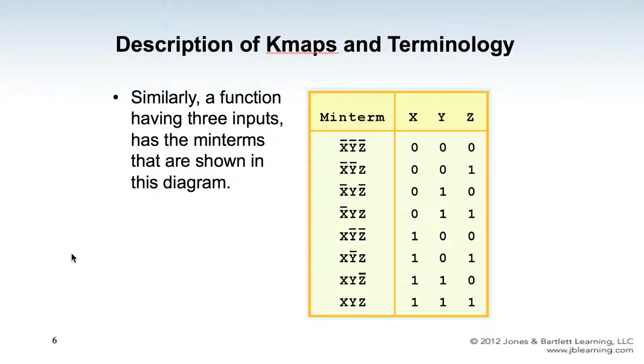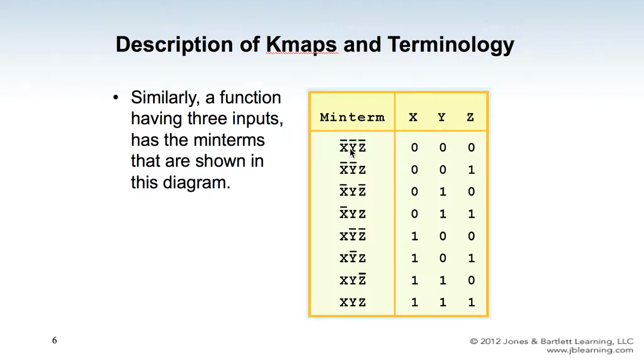Now, for the case of three input variables, we have the minterms that are shown on the diagram here. We have the input variables x, y, z, and we're going to have 8 minterms, from x'y'z' to xyz. We can see the same pattern as with two variables before.